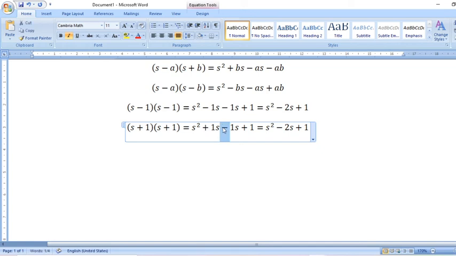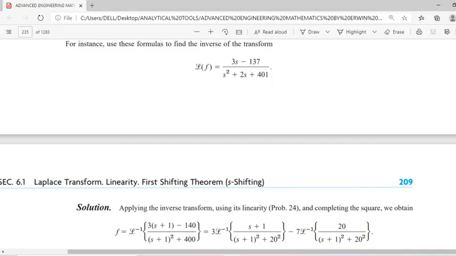So basic knowledge of quadratic equations should be with you. So this type of equations can be applied here. So that is s square plus 2s plus 1. We can take 1 from 401 and leave 400. So that is (s plus 1) square plus 400.